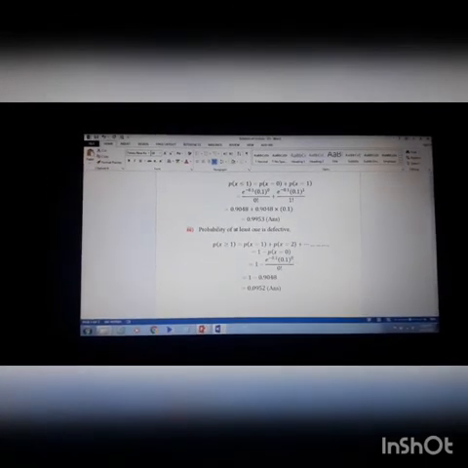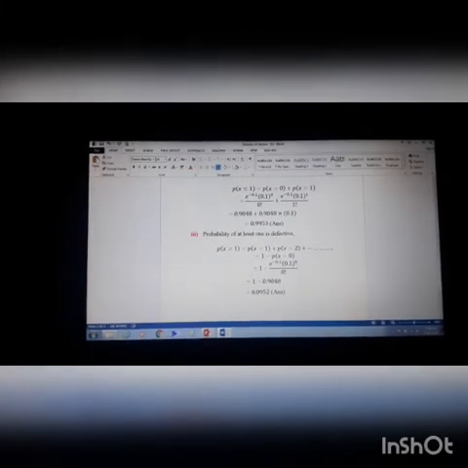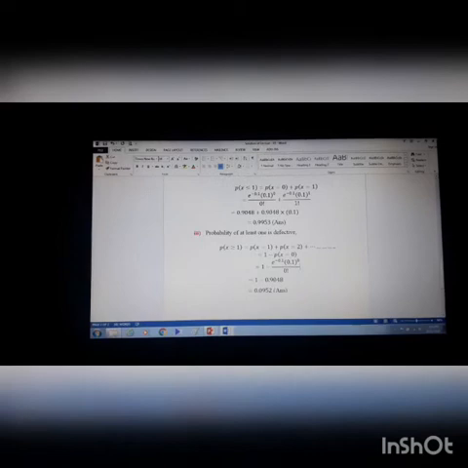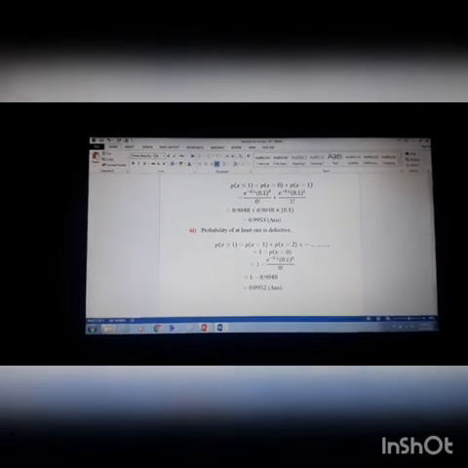Later on, there is another problem: we have to determine the probability of at least 1 defective item. There are a lot of defective items, maybe at least 1, maybe 2, maybe 3, maybe 4, maybe up to 100.